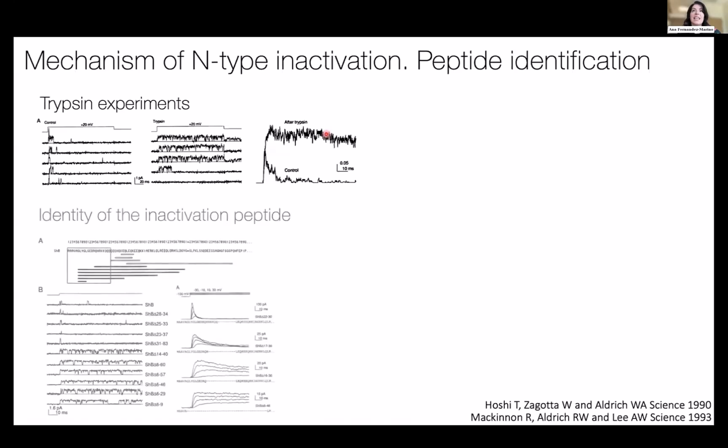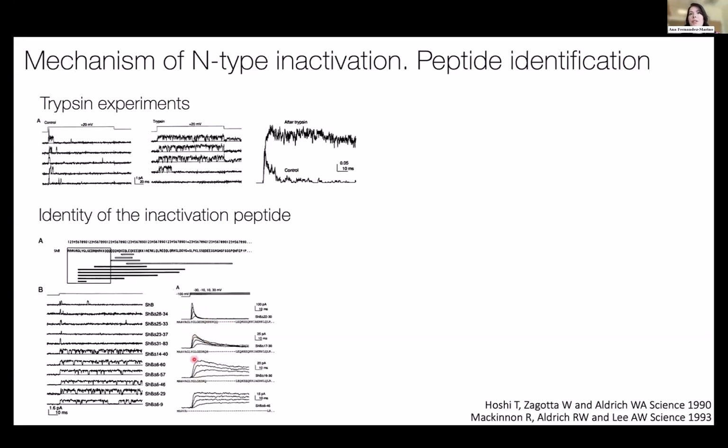And after this, they went into this quest of identifying the inactivation peptide by doing several deletions in the N-terminus of the channel. So you can see the different deletions that they tried and how the open probability looks in the single channel experiments. And here you can see how it looks in the macroscopic current.